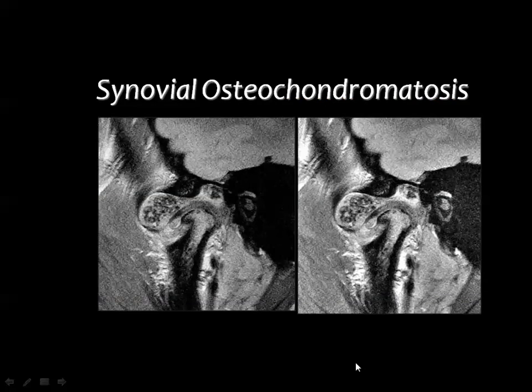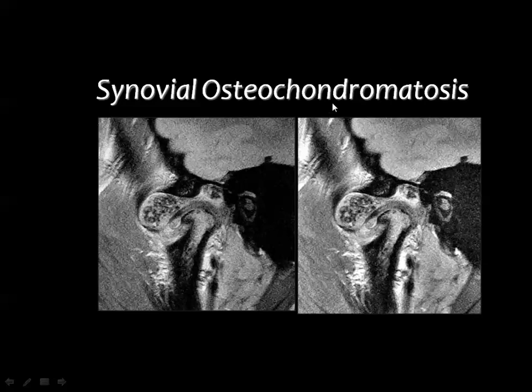change. And similar to any other joint, this joint can be the seat of synovial osteochondromatosis, which are multiple loose bodies within the joint capsule, and this will result from synovial metaplasia into cartilage, which will form multiple loose bodies within the joint space.